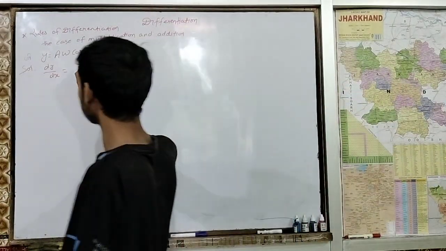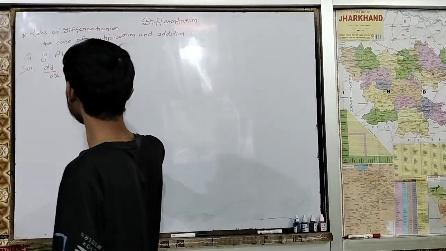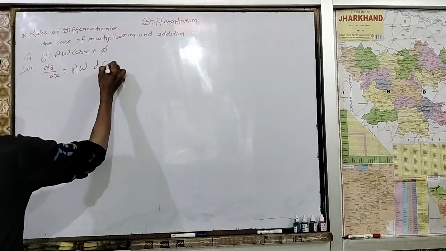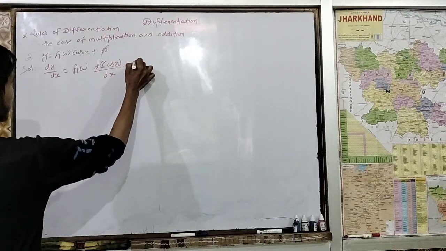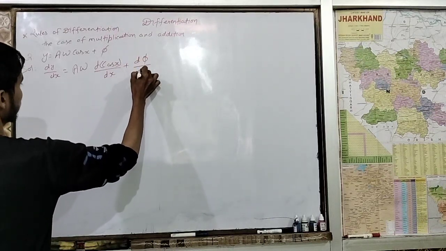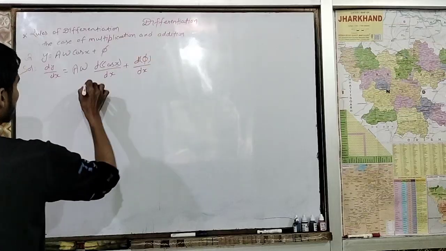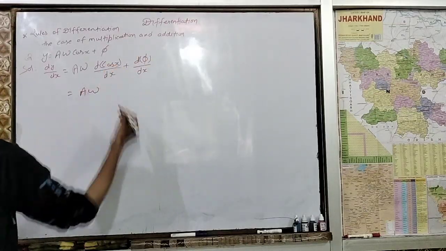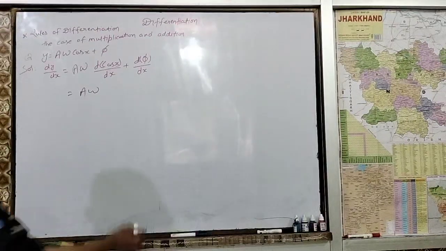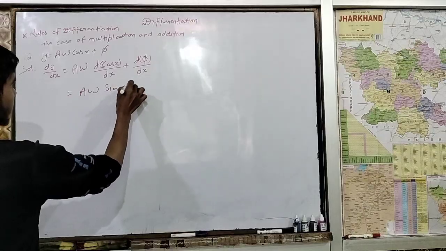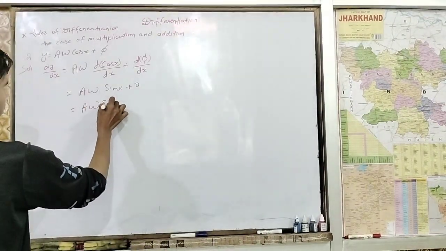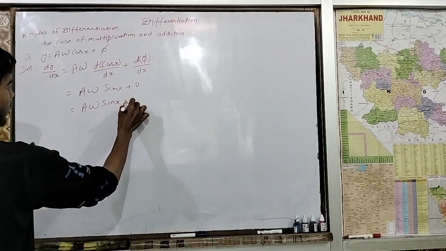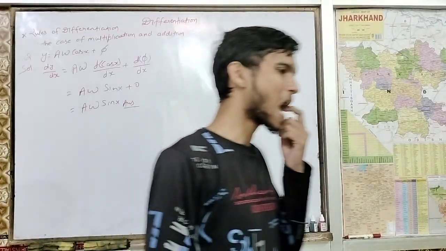It will stay as it is, and here the differentiation of cos x is just sin x. Then we have this 0. At the end you are getting this much output, clear? This was very simple.